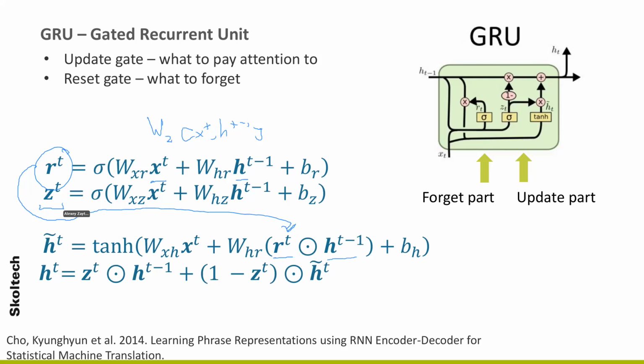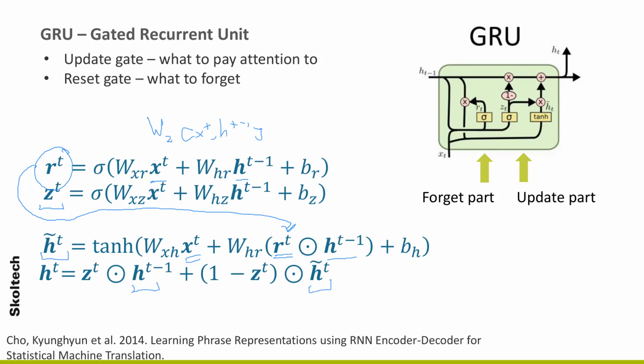And in the end, we produce this modified hidden state H tilde T. That is the product of what we have right now and what we should keep. And this is what we update. And also, this is what we keep from the previous state in the final formula for the final hidden state. So this is how GRU works.